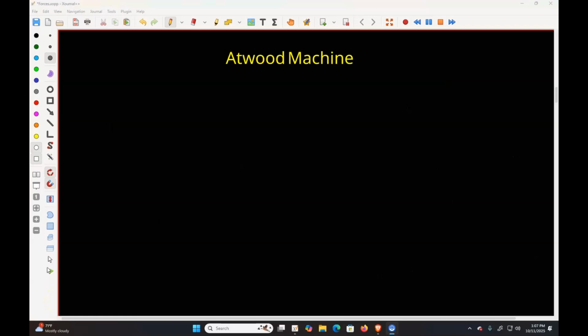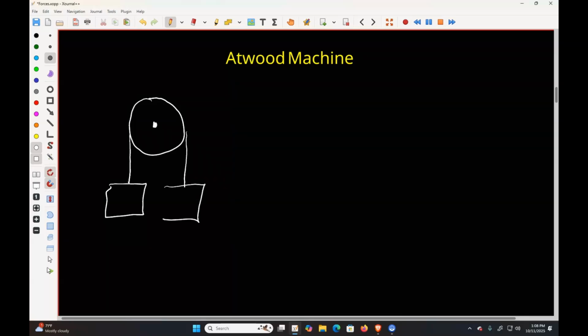An Atwood machine is essentially a pulley with an object suspended on both sides. I always put my larger object on the right side.